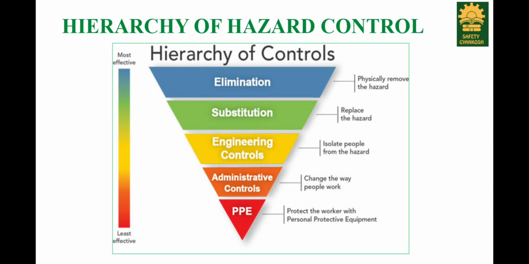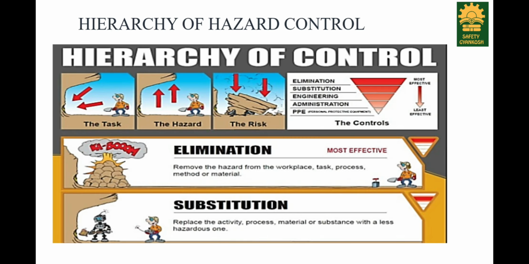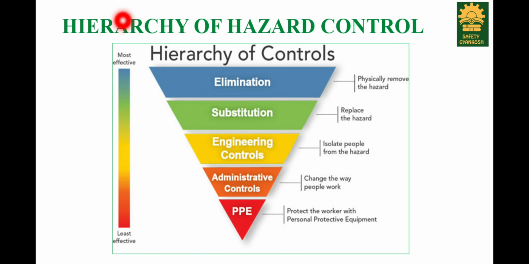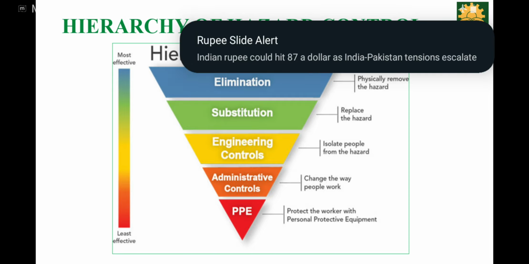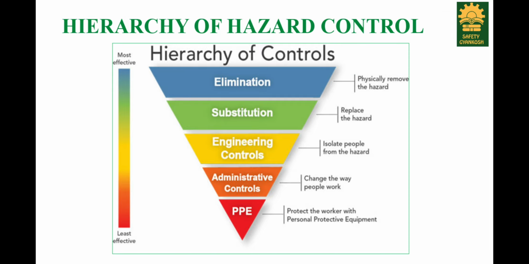If we see the inverted triangle, you can see most effective, this is most effective, and if you go towards the peak of the triangle, it is least effective. So it comes elimination, substitution, engineering control, administrative controls, and PPE.